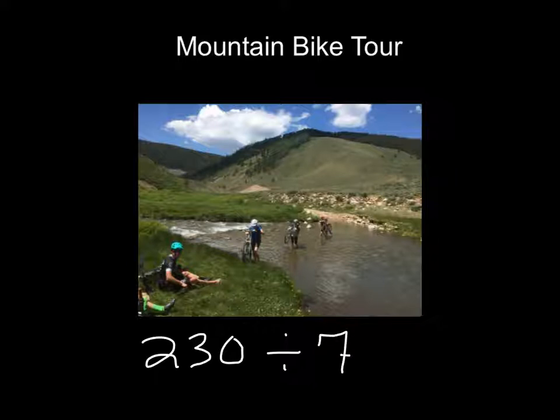So you're going to divide this 230 by 7. Your challenge is to figure out how many days it will take you to complete your mountain biking tour. All you have to do is take 230 and divide it by 7. We're going to use area division to solve this problem.